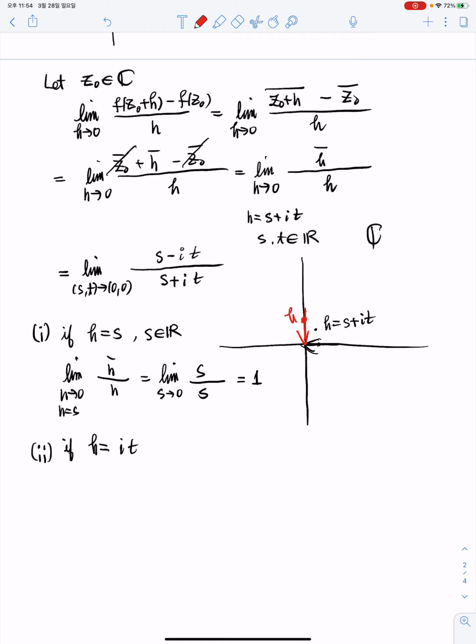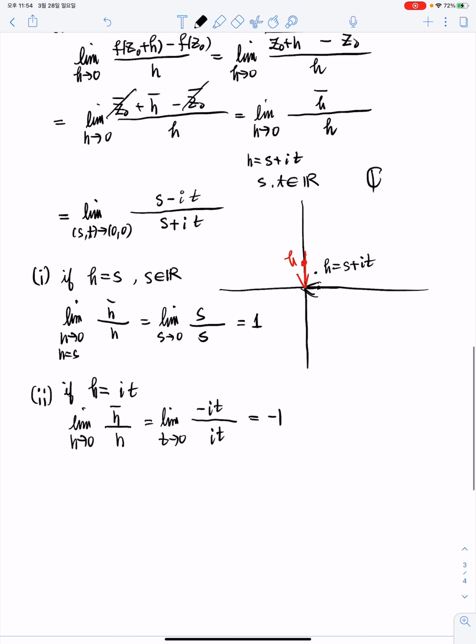So once you compute the limit as t goes to 0 of the conjugate of h over h, that is minus it over it, so it would be minus 1. So when you take a different path, it takes different values.